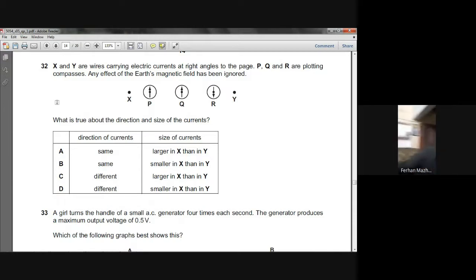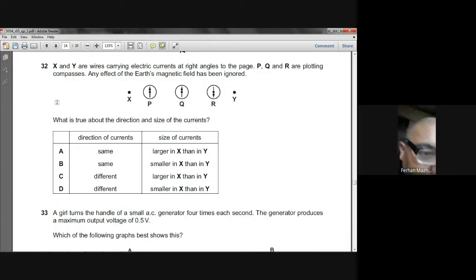My thumb is in the direction of the conventional current, and the curls of my fingers represent the magnetic field. So the magnetic field around X will be anti-clockwise. Magnetic field around Y will also be anti-clockwise.